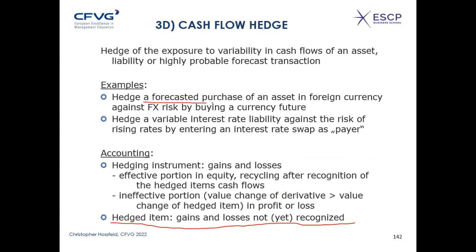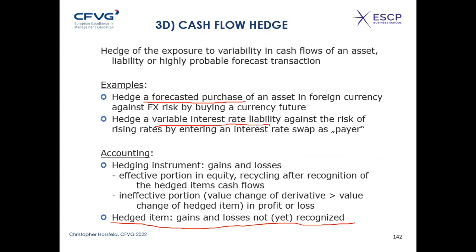So here I hedge a forecasted purchase. I engage the hedge today, but obviously the purchase has not yet happened, and therefore there is nothing in the balance sheet. Or here I hedge future interest rate payments, but obviously future interest rate payments are not accounted for. They will be accounted for when the interest payments take place, but not before.